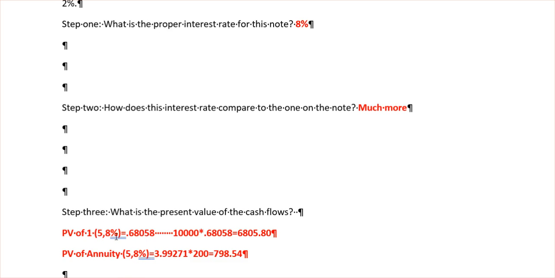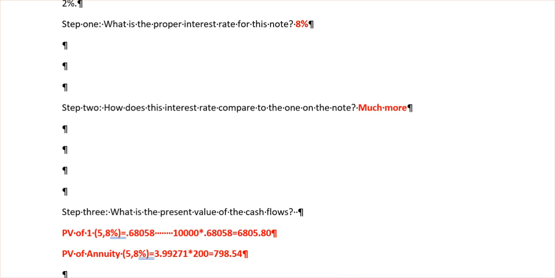Now, although this is the same in this and this, the value, this being 0.68 and this being 3.99, these are different numbers. They're different numbers because they came from the two different tables. And when you have an annuity, here's a little trick I have. Sometimes we get confused. Sometimes we put the 3.99 up here instead of the 0.68. What's the trick?